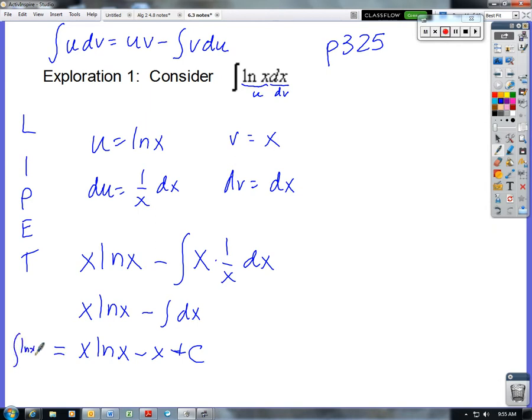Integral of natural log of x dx. Oh, and in the exploration, they gave you the answer. So you're just doing the work and showing, yeah, that's correct. Now we're going to differentiate this to check it. So we're going to take the derivative.